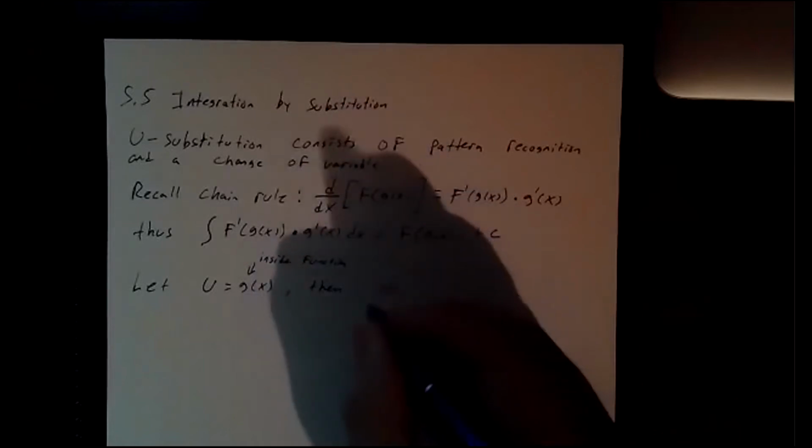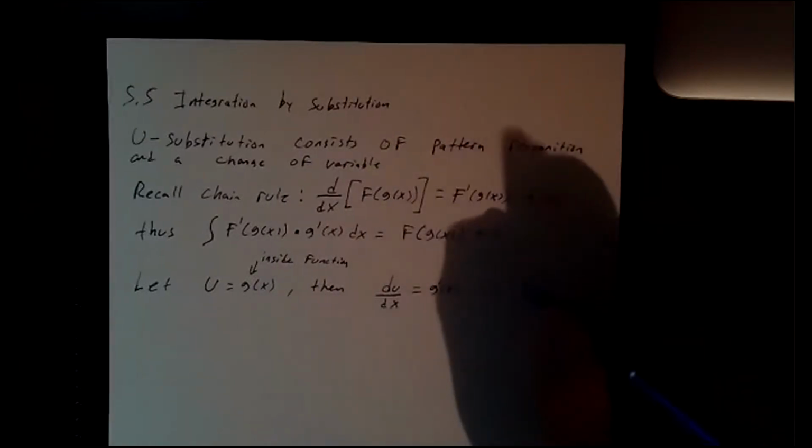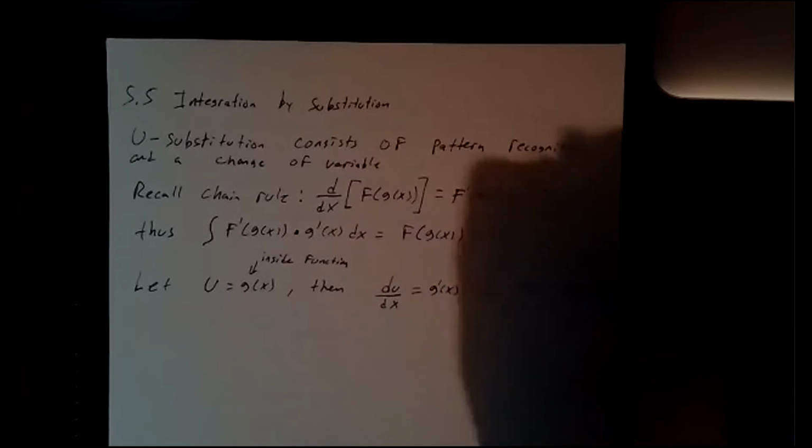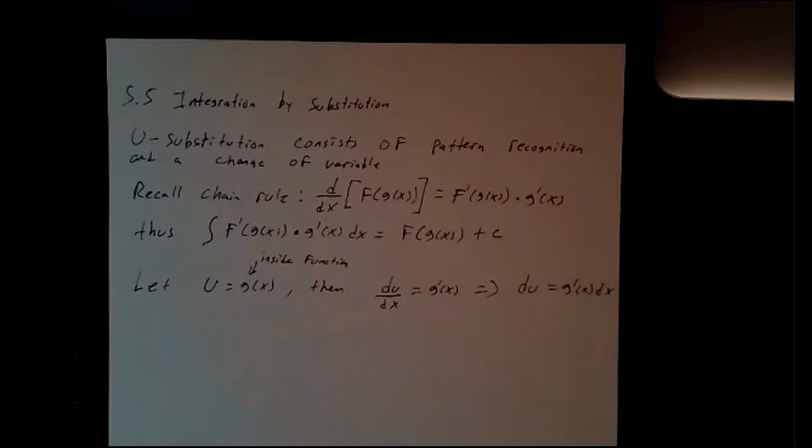Then du, the derivative of u with respect to x, will be g prime of x, right? In other words, du is equal to g prime of x dx. So you multiply the dx on both sides.